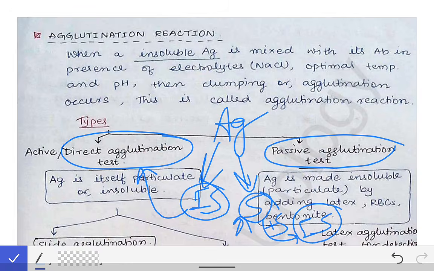So when this laboratory-made insoluble antigen shows the agglutination test, then it is called passive agglutination reaction, because here the soluble antigen is made insoluble with the addition of some other substances from outside, and that insoluble antigen is then showing the agglutination reaction. So this type of agglutination will be called the passive agglutination test. So I hope you now understand the difference between the direct or active agglutination test and the passive agglutination test.